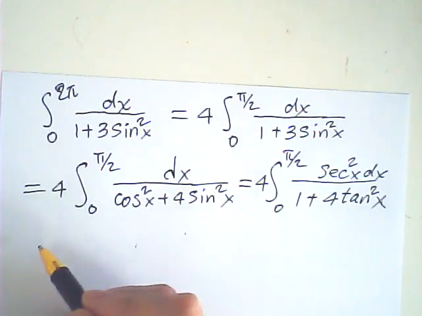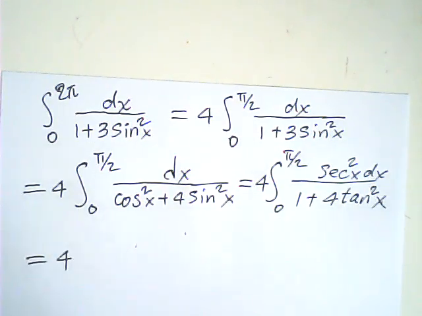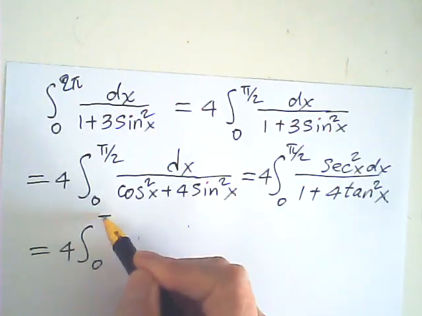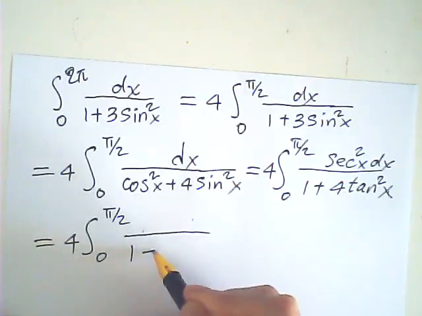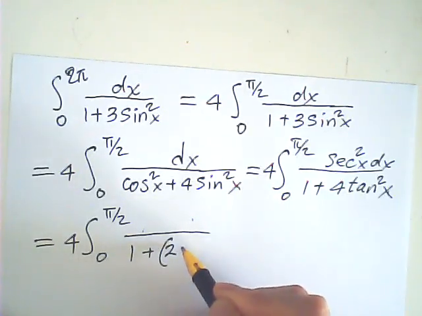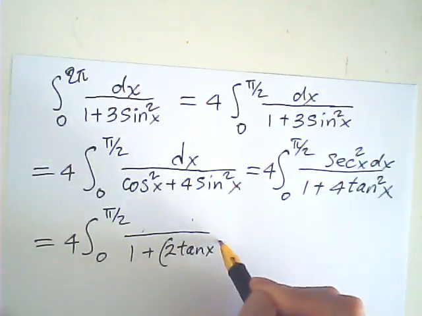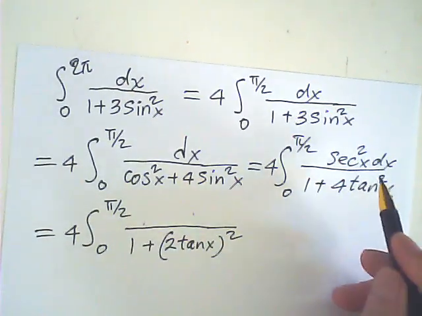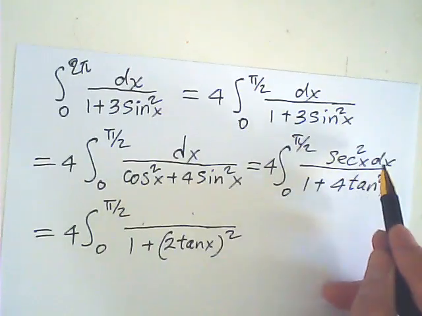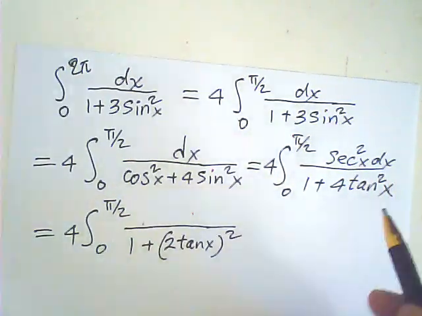Now then, this one equals 4 times 1 plus 2 tangent x square, right? And the secant square dx is a d tangent.